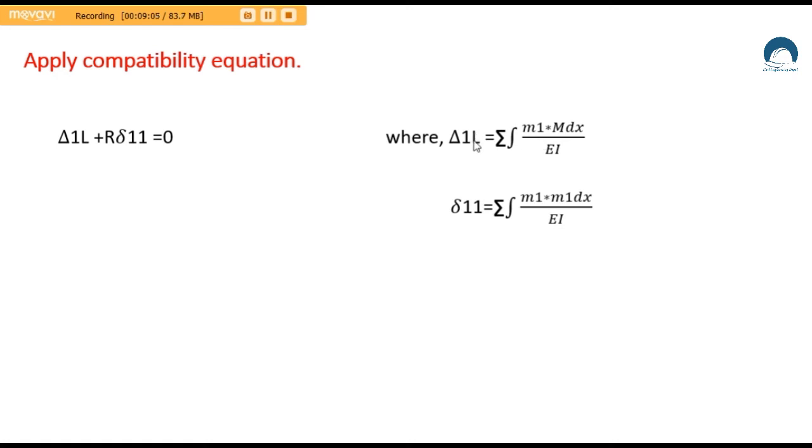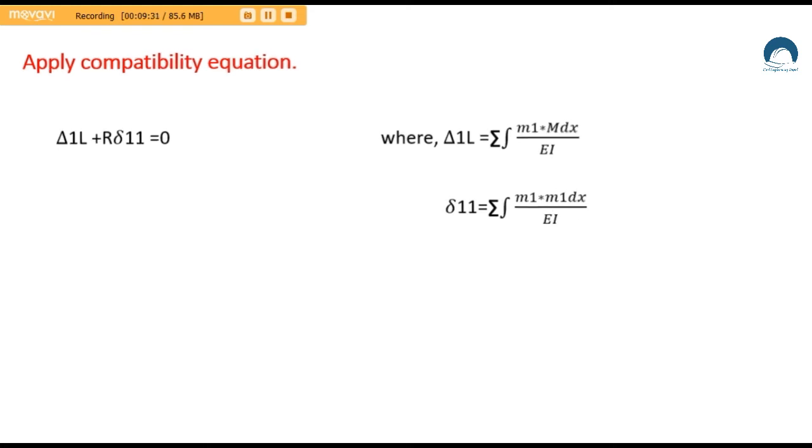A letter means the real system, that is, there is only one real system, M. In del 11, there is a number, so we have a dummy system. For number 1, we have dummy system M1. Similarly, here is also a number, so dummy system M1. In this way you can memorize this formula or relation.